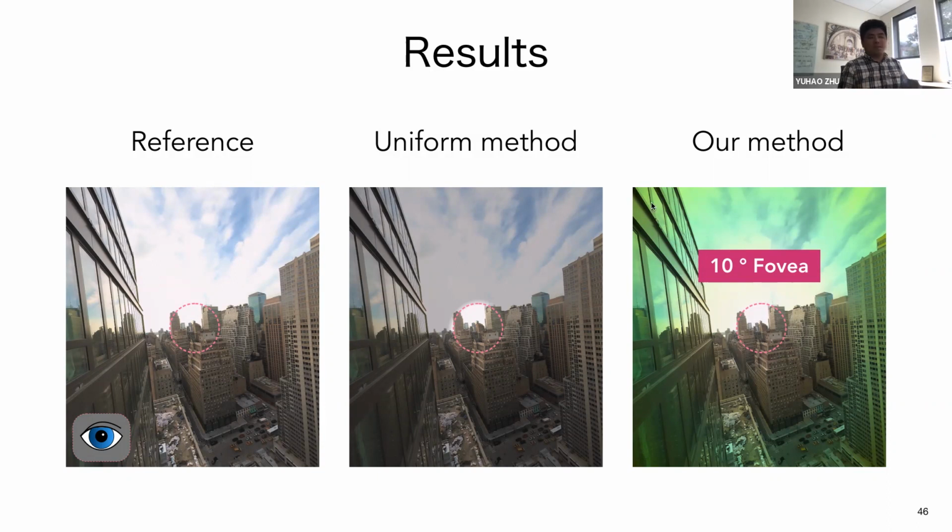Well, the reason is that currently, when you look at this from a computer screen, the entire image falls within your fovea. But when you actually display this on the VR headset, when the user watches the video, all these pixels are in the peripheral vision. That's why you can still tell there is an overwhelmingly green tint here, but actual VR users won't be able to tell.